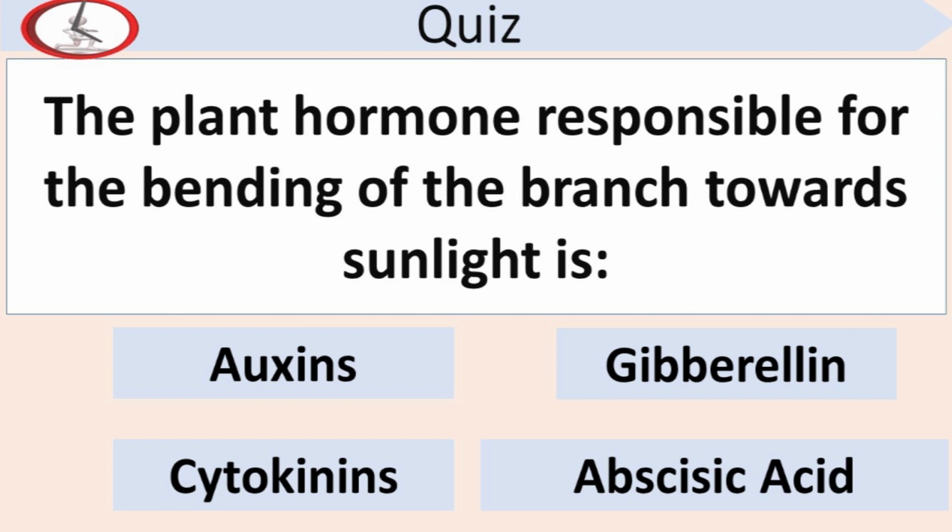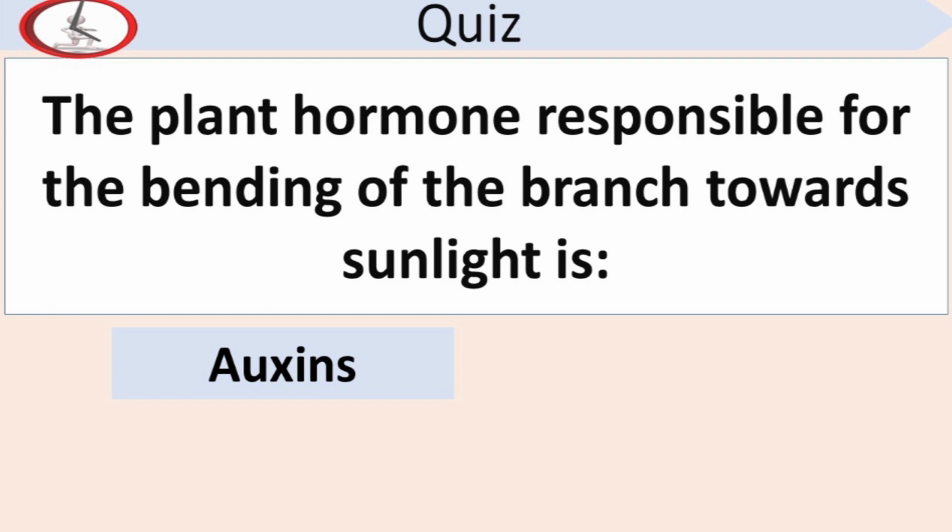The options are auxins, gibberellins, cytokinins, abscisic acid. The answer is auxin: it moves away from the sun and makes the cells elongate in that region. So what happens? Automatically the branches will bend towards the sun.